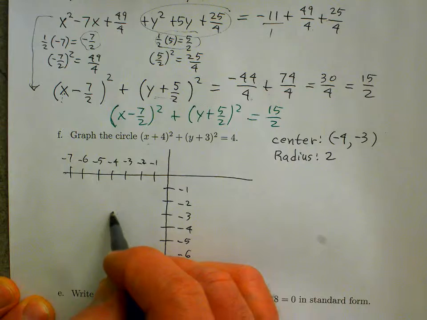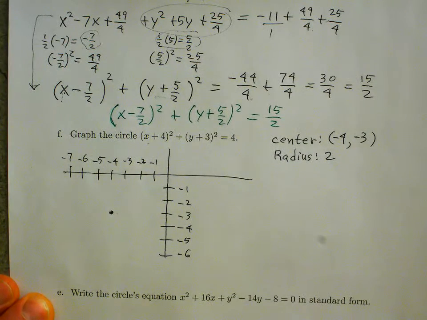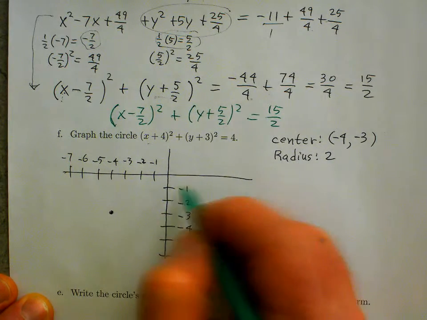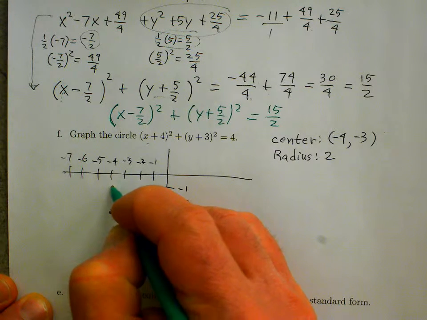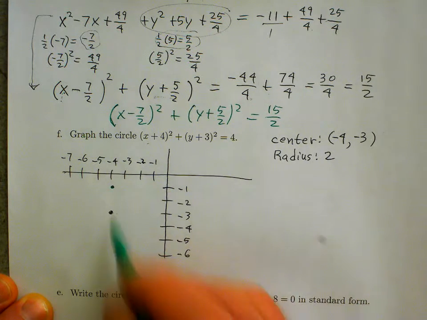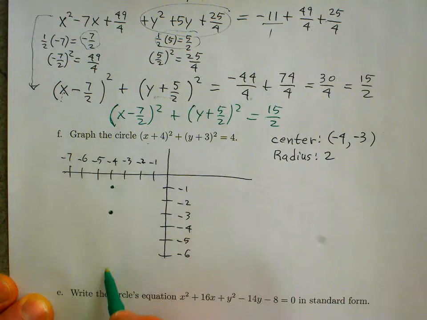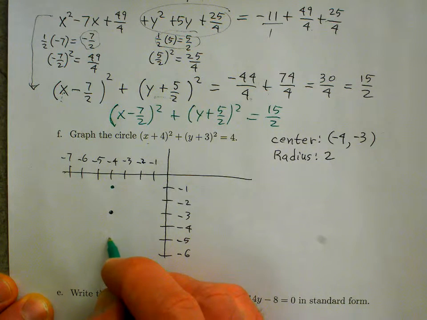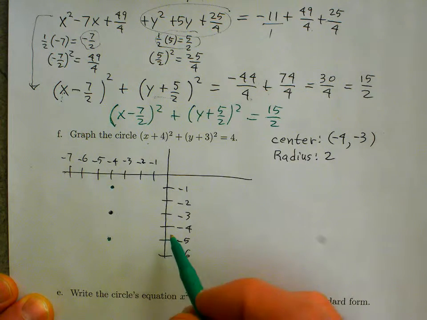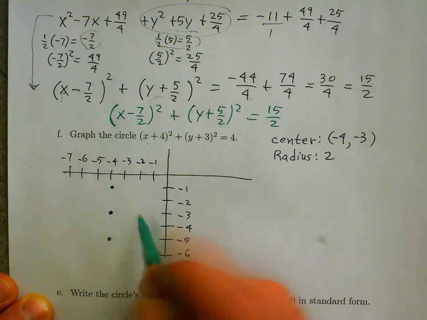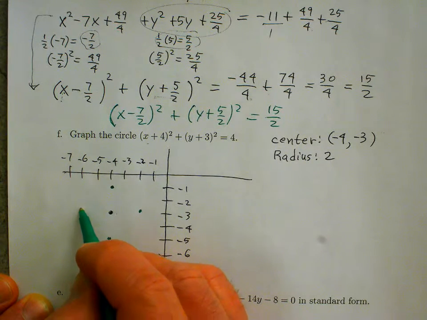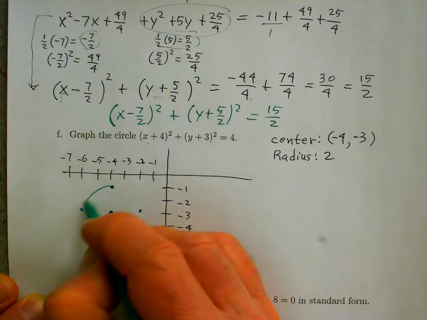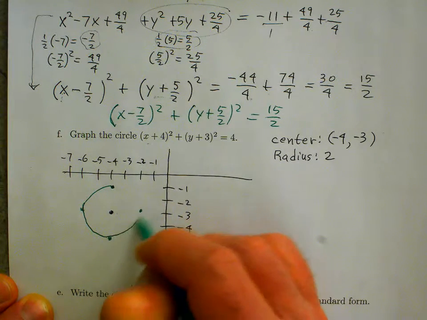It's right here, that's the center. The radius is 2, so we can find points, a distance of 2 from the center on the vertical axis, as well as the horizontal axis. So roughly we get this circle.